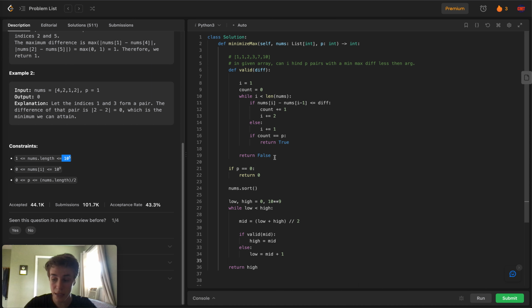If this pair is smaller than the difference I'm searching over, then consider that pair valid and increment something called count. This count, at the end of the day, if it is less than P, then we know that this difference is not possible, and we have to potentially increase the difference, which will be done in the binary search.